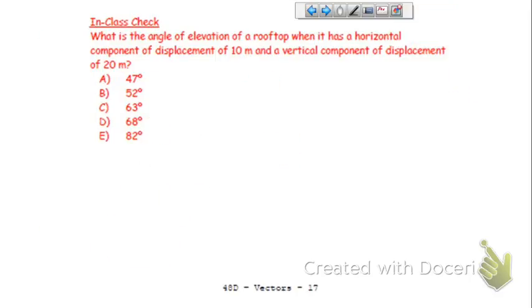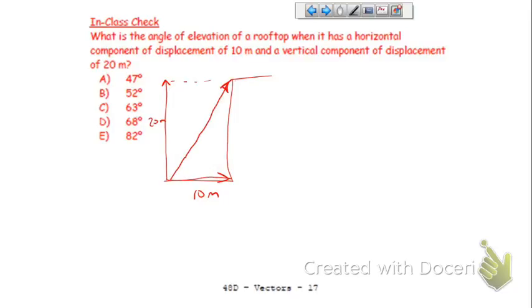What is the angle of elevation of a rooftop when it has a horizontal component of displacement of 10 meters and a vertical component of displacement, which is the same as that, of 20 meters? There's my rooftop. What is the angle of elevation?